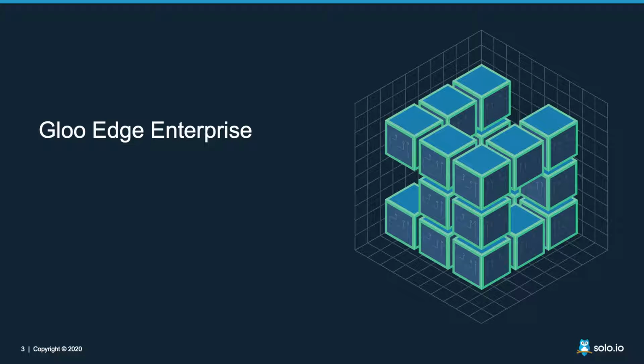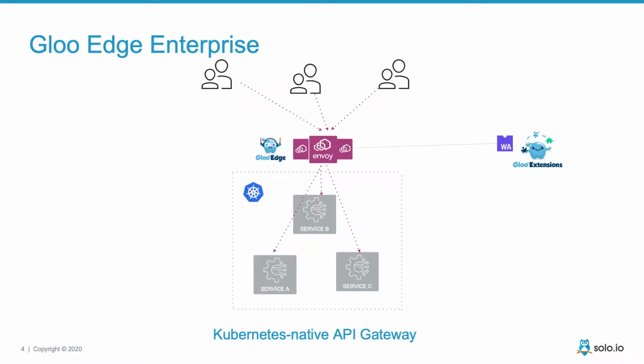So what is Gloo Edge Enterprise? Gloo Edge Enterprise is an API gateway that is developed on Envoy, and Envoy is the open source service proxy for distributed systems. It's really the de facto for distributed systems and therefore Kubernetes.